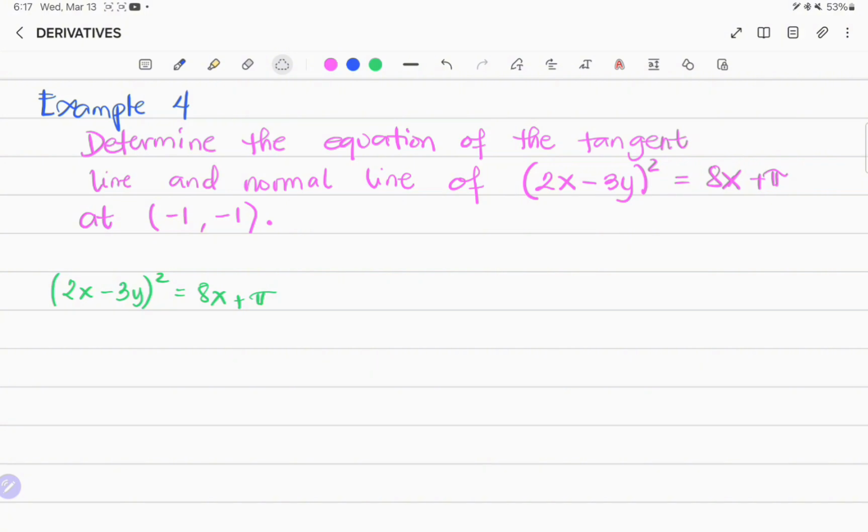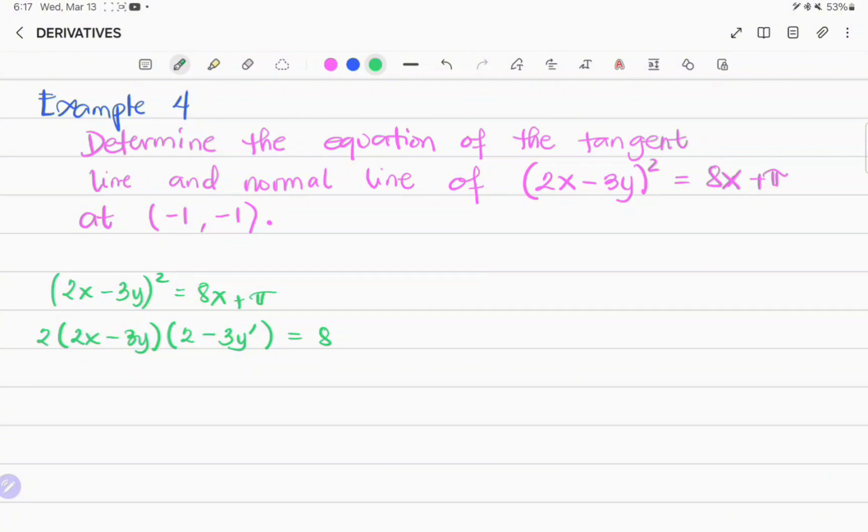On the left side of the equation, it will become 2 times 2x minus 3y. You subtract 1 from the exponent, it will become 1. And derive what is inside the quantity, that is going to be 2 minus 3y prime equal to 8.